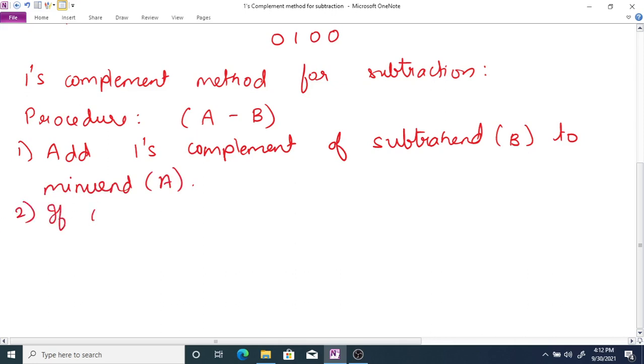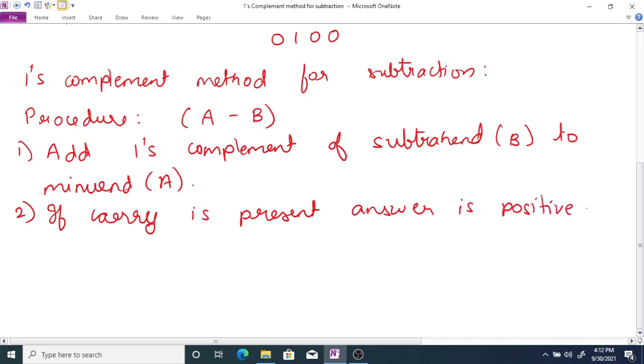Second step, if carry is present, answer is positive, and add carry to LSB of obtained answer.